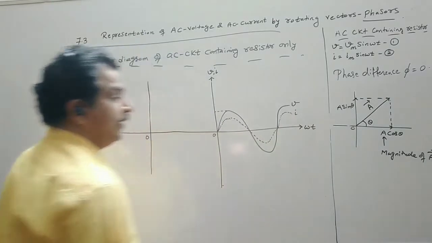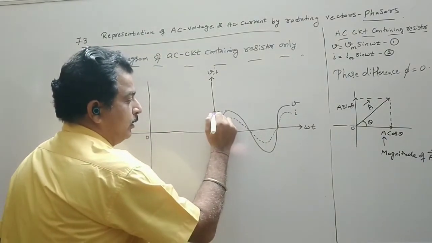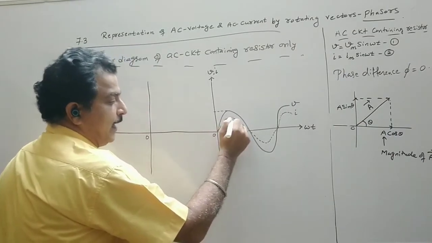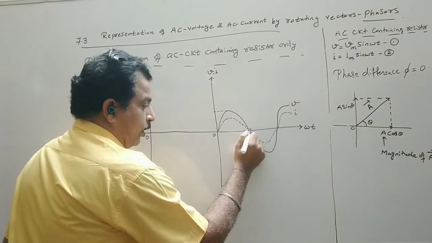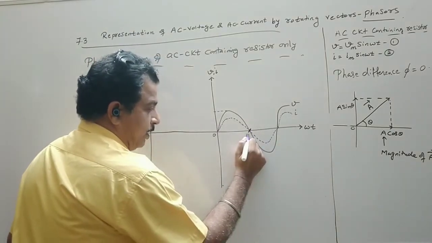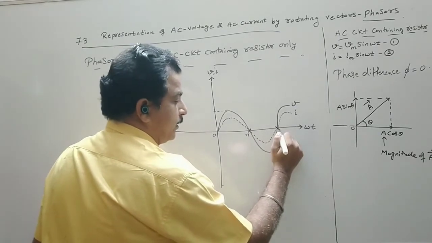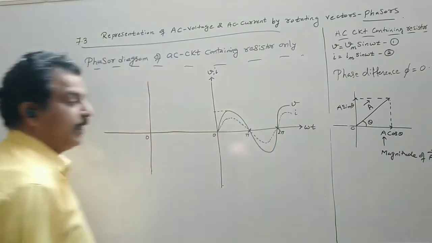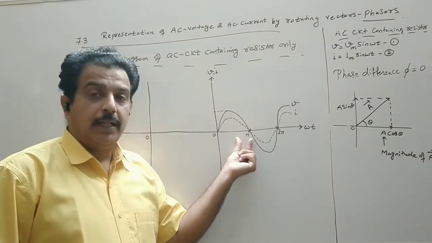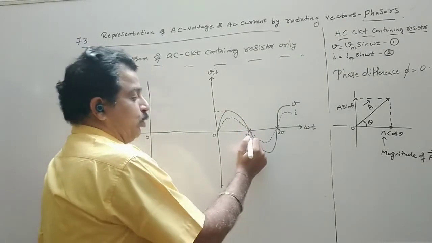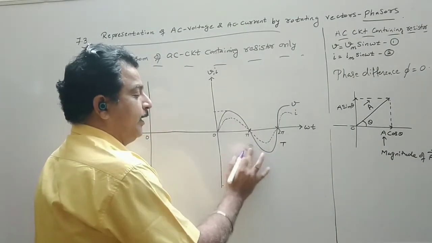So this was I, and this was the peak value, that was Im. Now this angle, omega t means angle, so this is pi, that is 180 degrees. This is 2 pi, that is one complete cycle. In terms of time, it is T by 2, and this is T, that is one complete cycle.